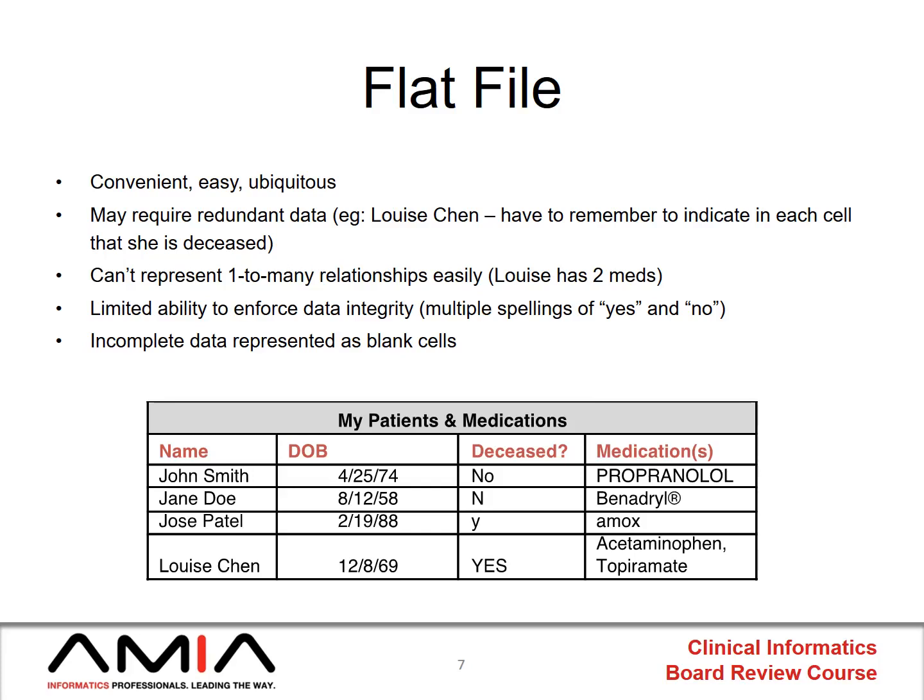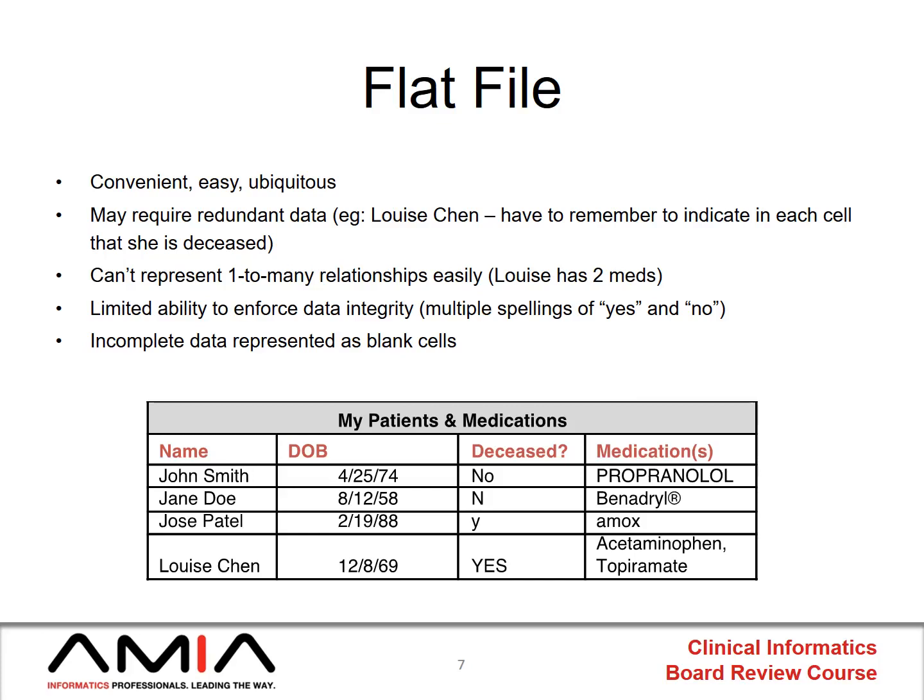You have sort of limited ability to enforce data integrity. Of course, Microsoft Excel that many of us use, it's sort of the de facto standard for some of these things, does allow you to put some constraints on the data types, but in general, a flat file, this is not one of its key strengths to enforce data integrity.